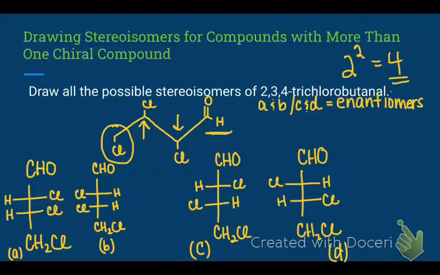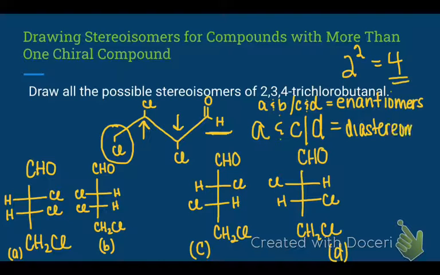So what we would say here is A and C, D are diastereomers. We could also say that B and C and D are diastereomers. I'm not going to be able to fit that on there, but you know what I mean.